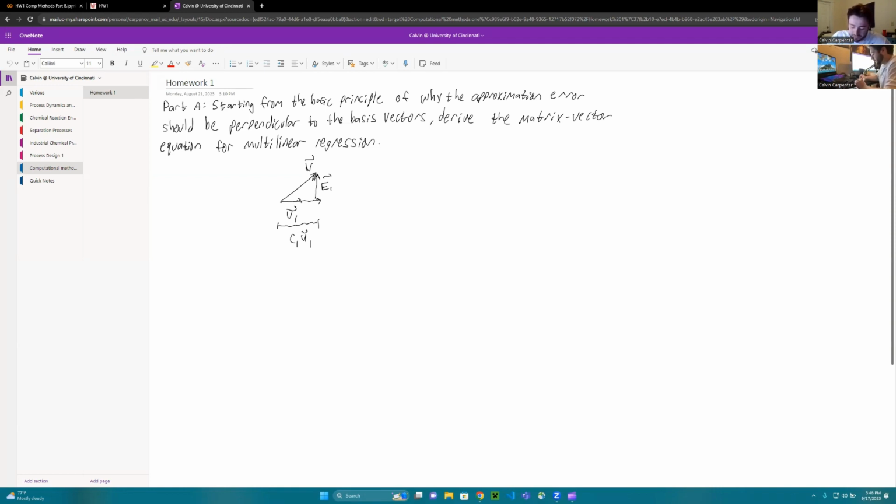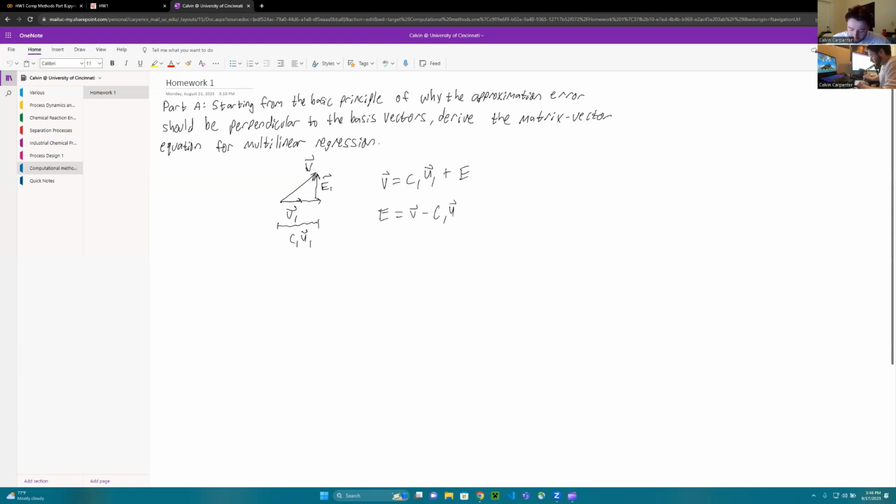So that will give you the equation of your desired vector is equal to your coefficient times your basis vector plus your error. And so rearranging this equation, you can get error is equal to your desired vector minus your coefficient times your basis vector.